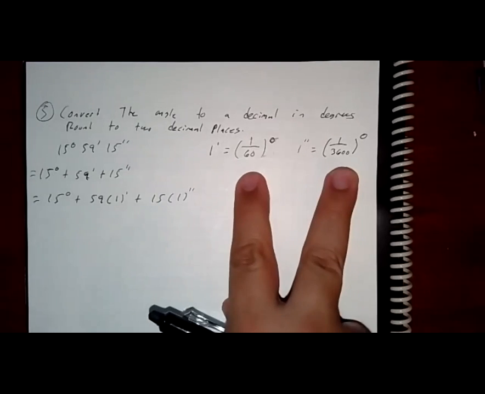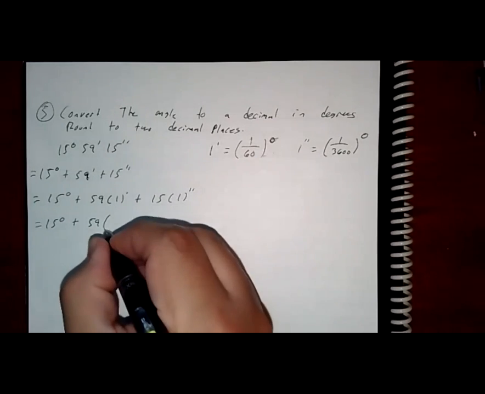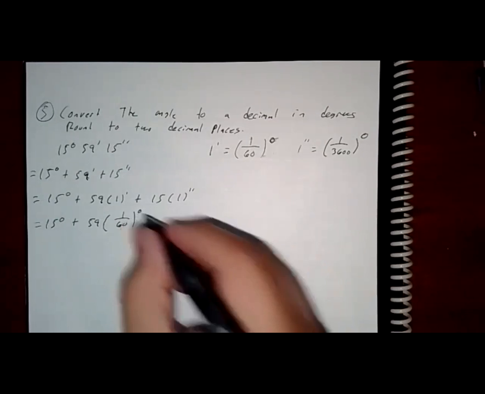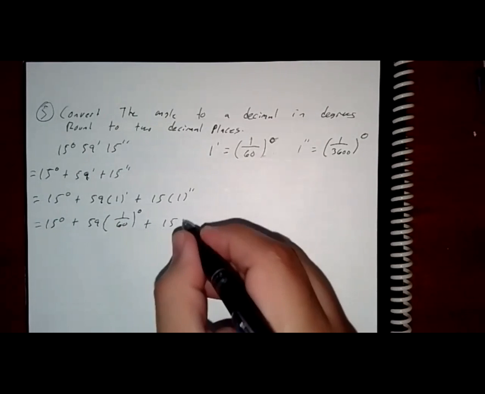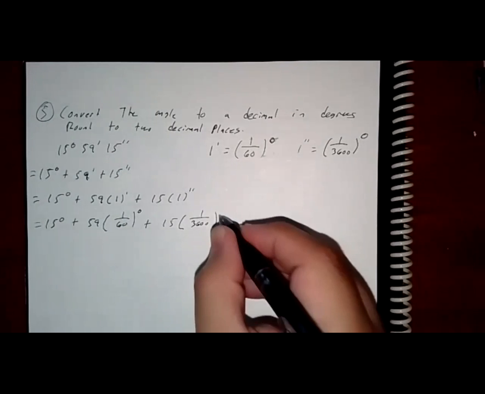And then substitute what they're equal to. I would have these formulas somewhere on your formula sheet just to make it easy on yourself. So this would be 15 degrees plus 59 times 1/60 degrees plus 15 times 1/3600 degrees.